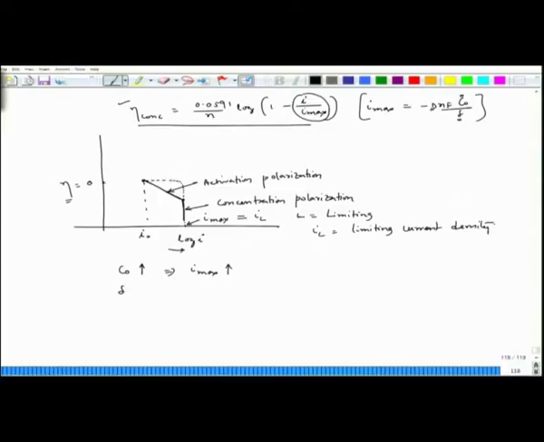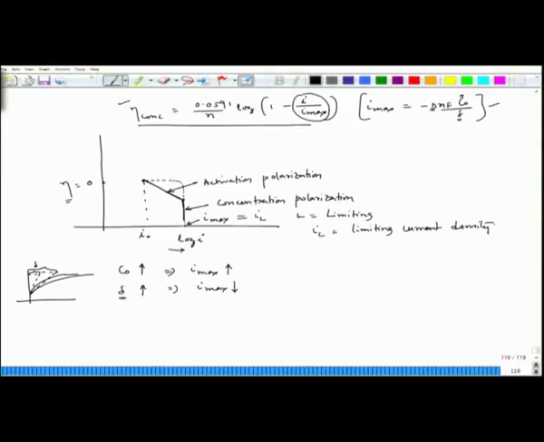Now, if I change delta, let us say delta increases, that means if we have the concentration profile like this, then this is my delta. If it increases to this much, then as per this equation, if the concentration is not changing and D is not changing, the consequence should be that I max should decrease.